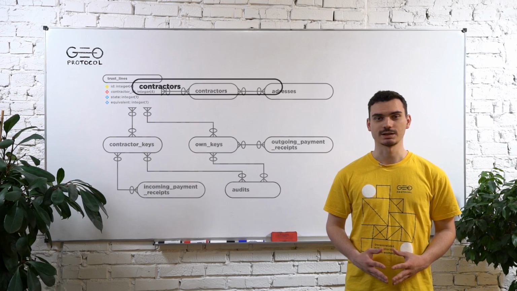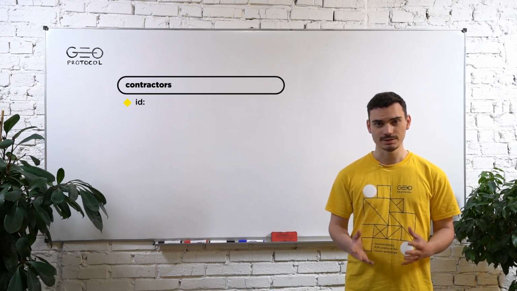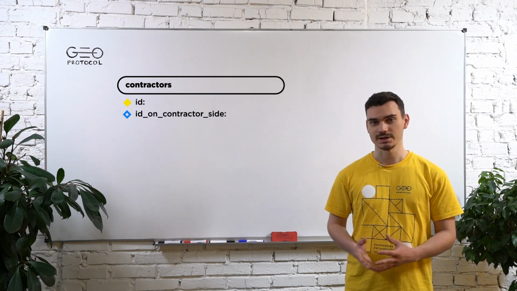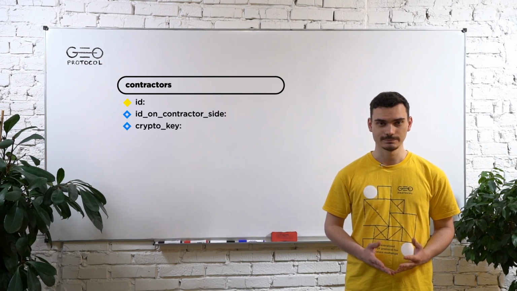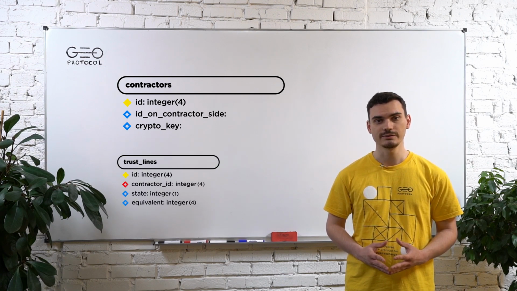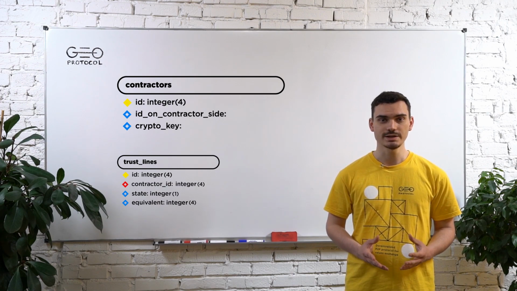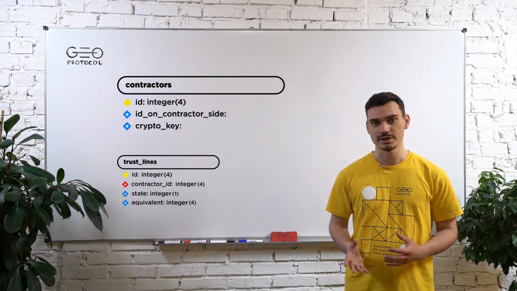The next one is the Contractors table that consists of the following fields: ID, ID on contractor side, and crypto key. ID field here is the same identifier that is located in the Contractor ID field of the Trustlines table and is used to relate a Trustline to a particular contractor. ID on contractor side field contains a unique positive integer that consists of 4 bytes.